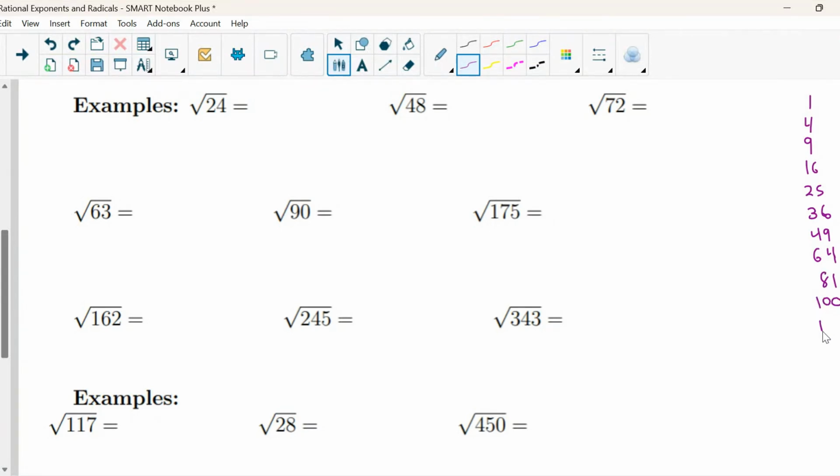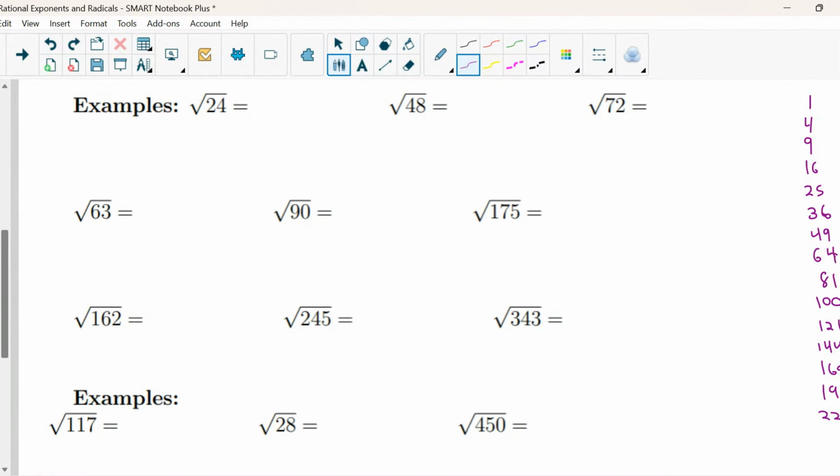I could keep going further. 121, 144, 169, 196, 225. So I went a little bit overkill with this.